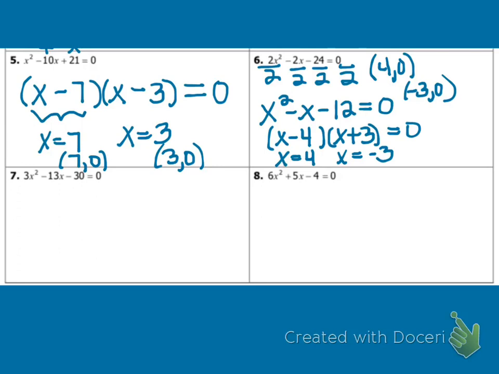So I'm going to go ahead and use the AC method. So let's see, A, which is 3, and C, which is negative 30, make negative 90. So now I'm looking for factors of negative 90 that are going to multiply to negative 90 and add to negative 13. Well, first thing that comes to my mind, a negative 15 and 6.